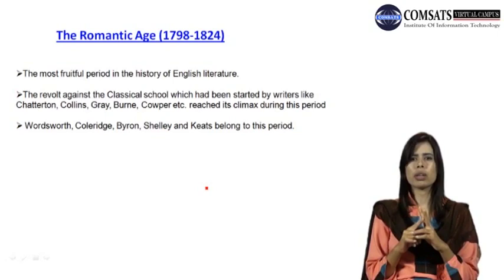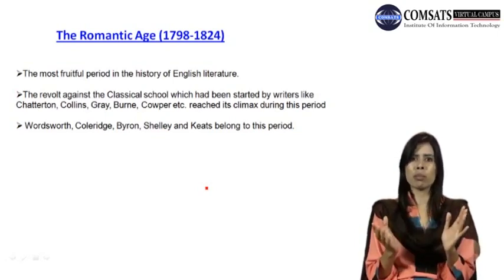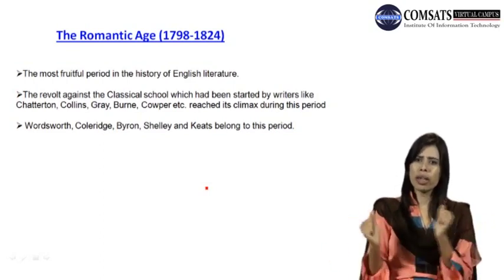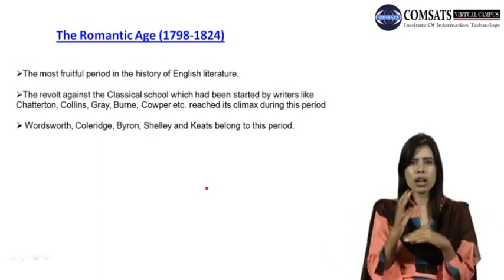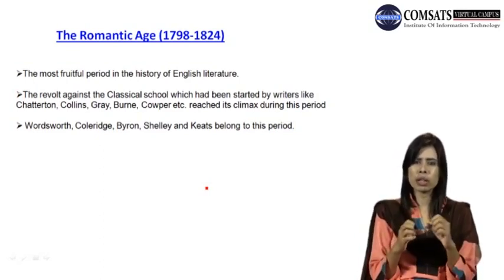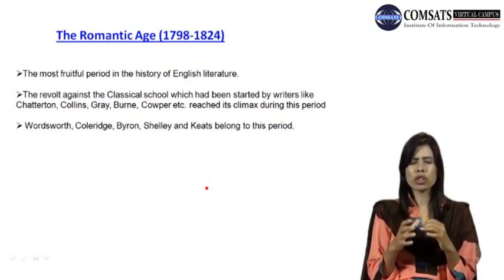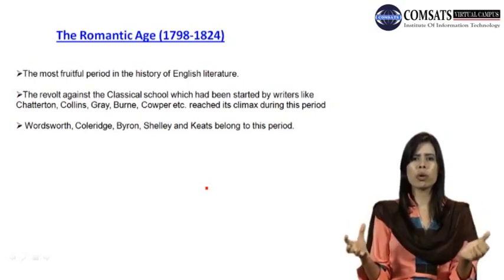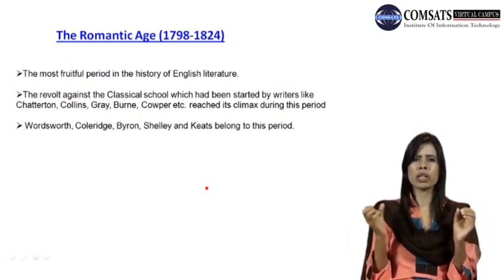So whenever somebody asks you who the Romantic poets are, you just have to give them the names Wordsworth, Coleridge, Byron, Shelley and Keats. Studying the history of English literature is very interesting. It's like a story. Different characters are there in the form of poets and writers.